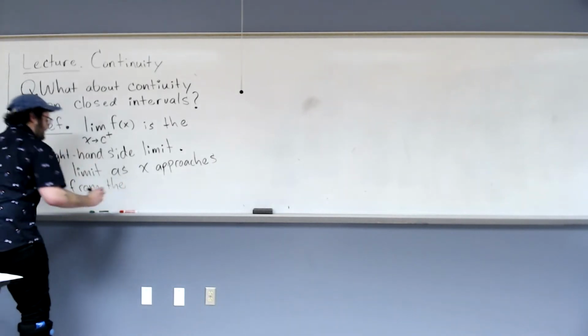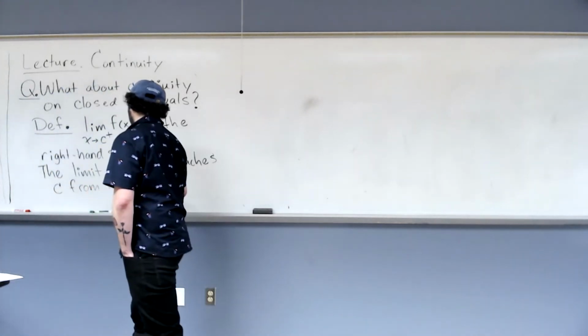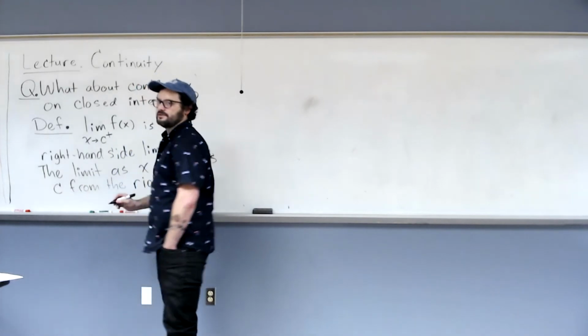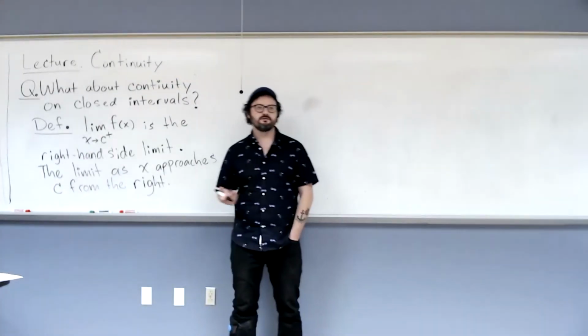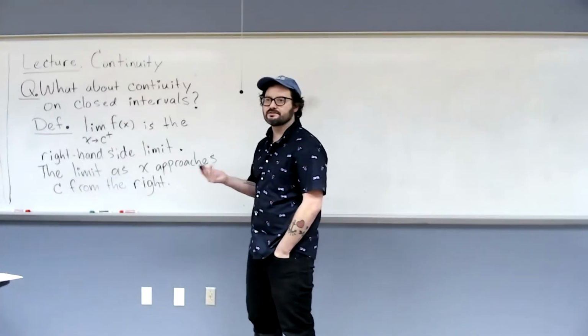And so again, when I say from the right, I mean that the values of x that you're picking are greater than c, and you're getting closer to c from the right. Again, we've already kind of talked about this notion.